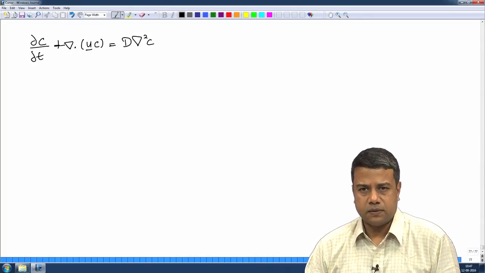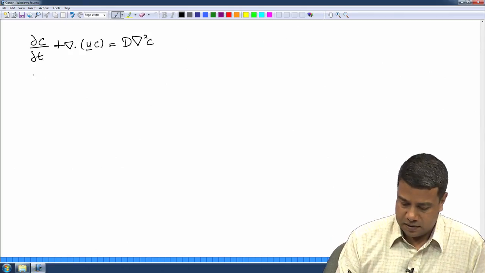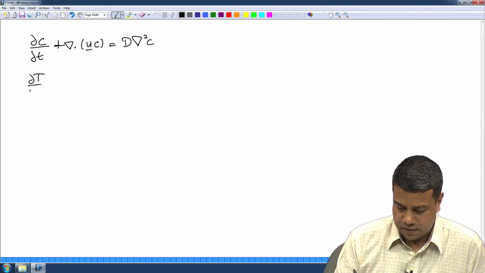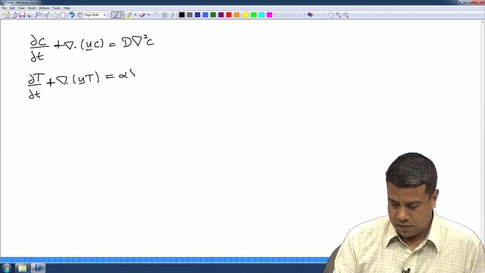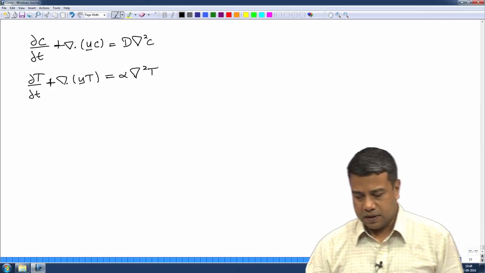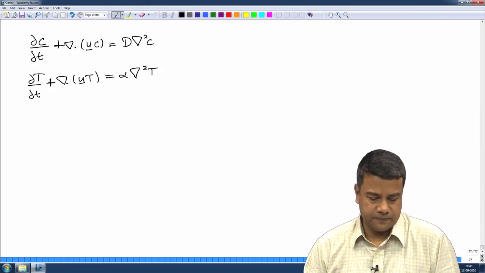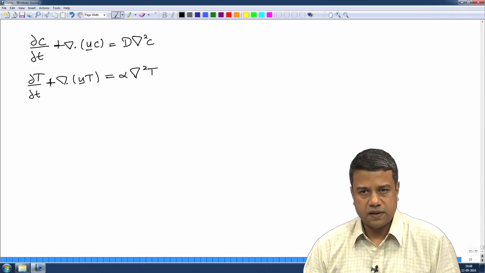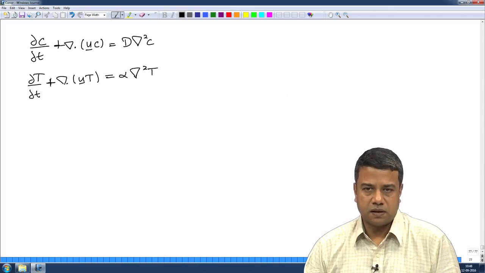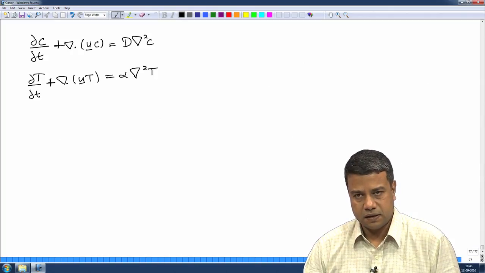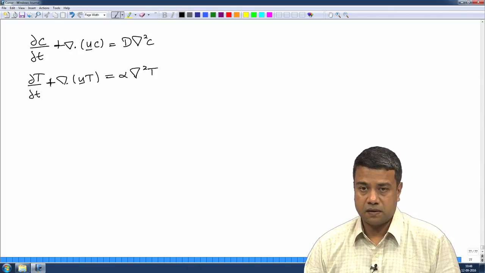And for the energy equation, you will get a similar equation, where alpha is the thermal conductivity, and both of these are valid when the diffusion coefficient or the thermal conductivity and the specific heat are independent of position.